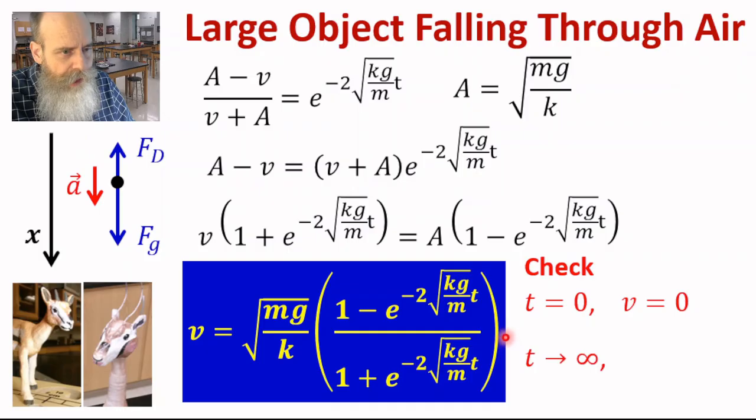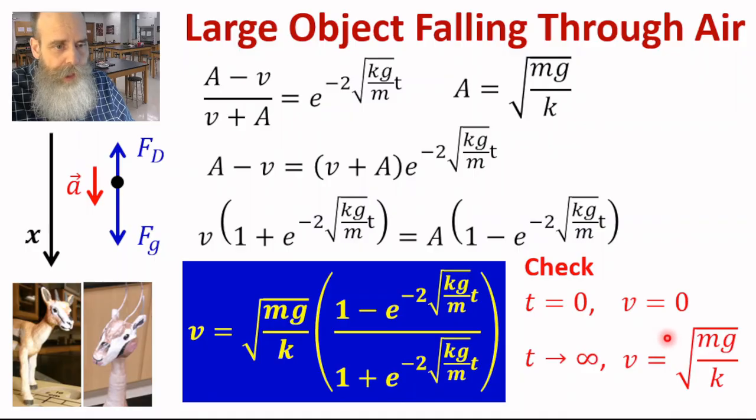When t goes to infinity, these exponential functions become e to the negative infinity, which is just 0. So what's in parentheses becomes 1 over 1, which is 1. So v equals square root mg over k. It equals the terminal velocity. It is a constant. That is what we expected. This looks like a good solution.